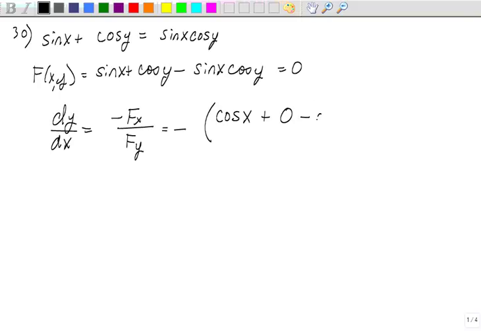Cosine y is a constant, so derivative of sine x is cosine x. With respect to y, 0.